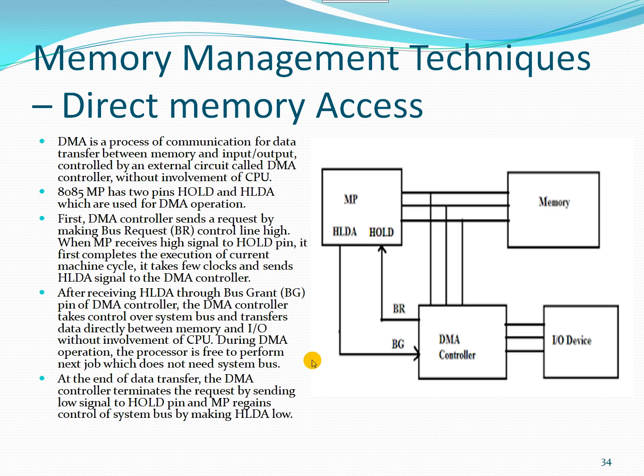How it does this: in our microprocessors we have the hold and hold acknowledgement pins. These two pins are connected with the bus request and the bus grant pins of the DMA controller.